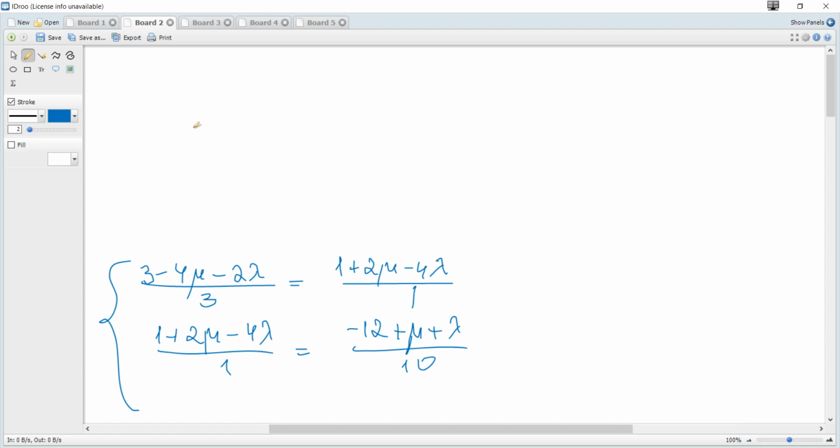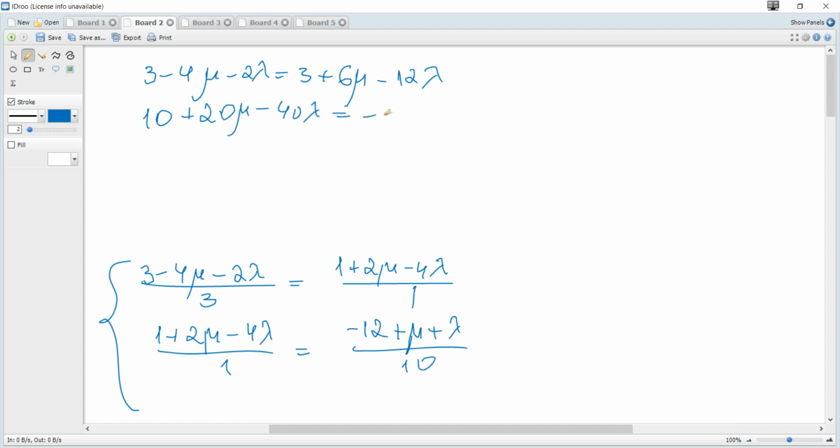And 3 minus 4 mu minus 2 lambda is 3 plus 6 mu minus 12 lambda. And the second becomes what? 10 plus 20 mu minus 40 lambda is negative 12 plus mu plus lambda.